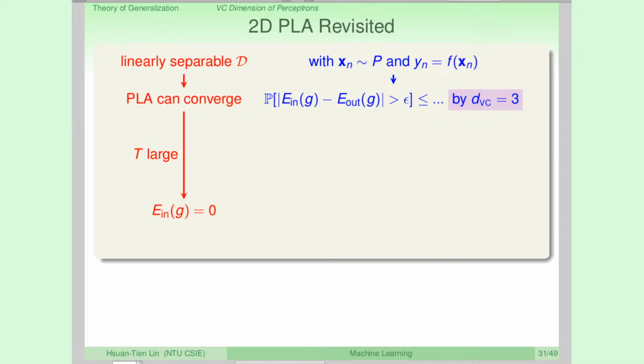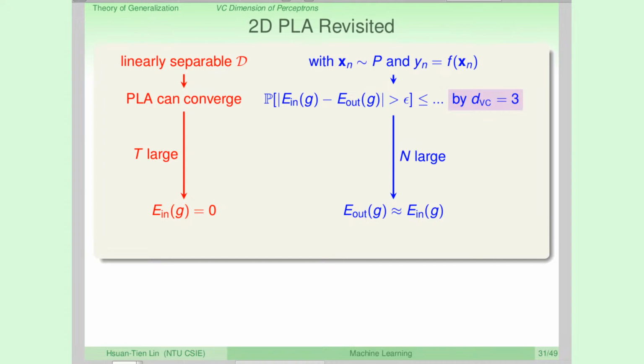Then, by the discussion we had last time, first, we know the VC dimension is 3. And second, we know that we can get some guarantee. With this guarantee, if we have enough examples, we can make sure that the bad probability is very small.